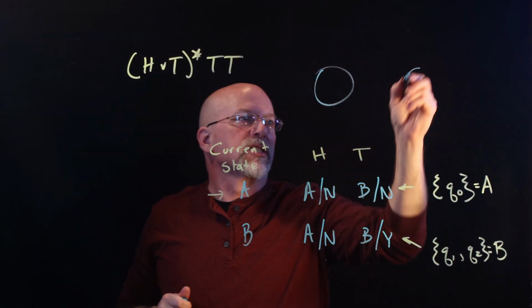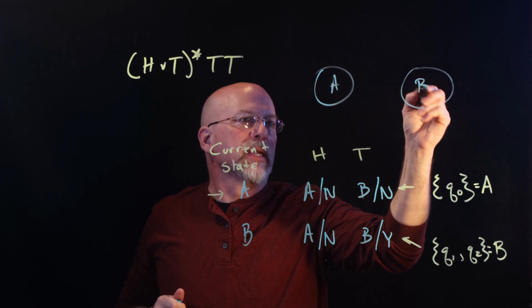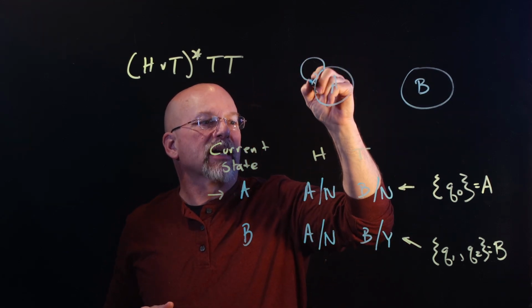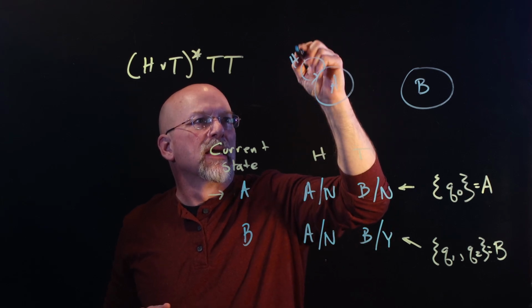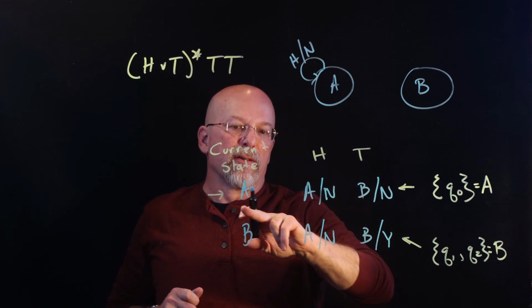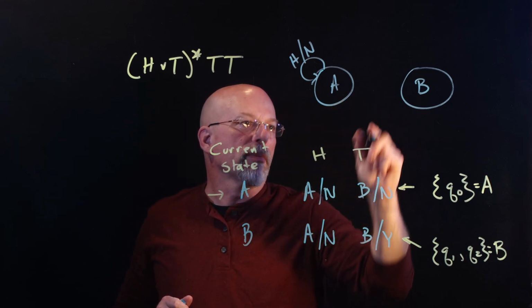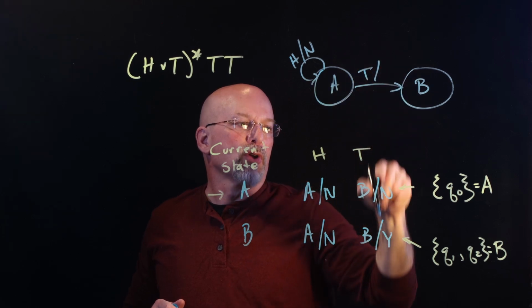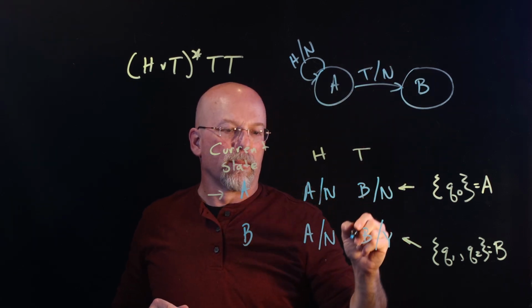I've got two states, A and B. From A, if I get a heads, I come back to A with no being the output. If I have a tails from A, I go to B. So that's a tails with no as the output.